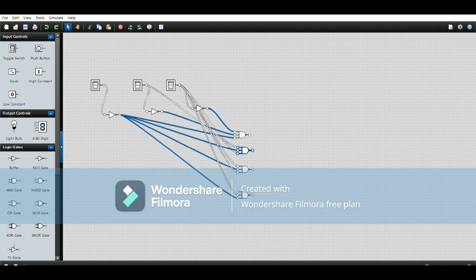The next thing we are going to see is about decoder. And decoder is a combinational logic circuit which takes n input lines and transforms them into 2 power n output lines.